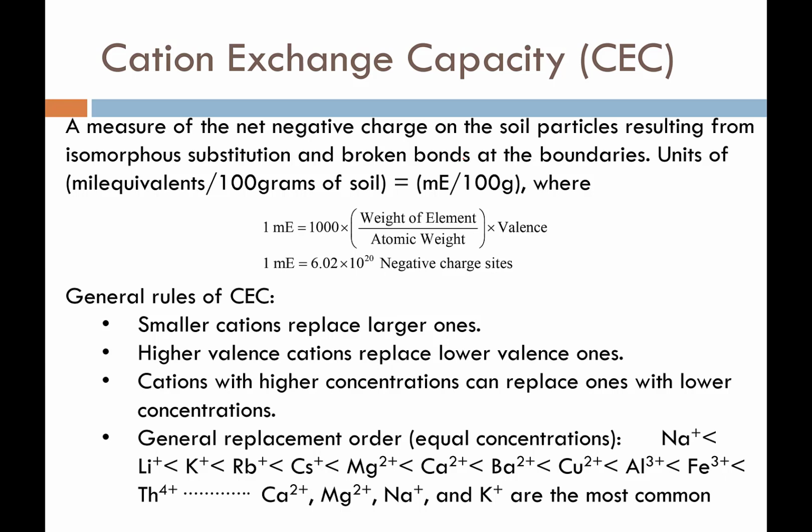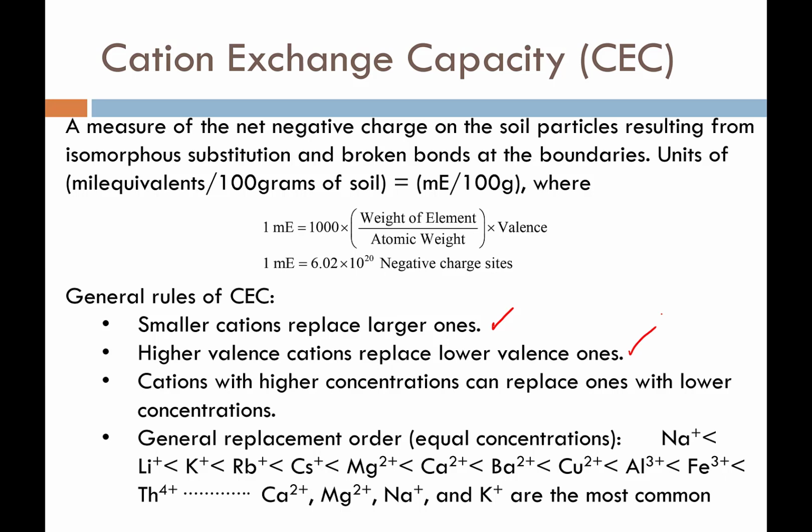Here are some general rules that govern cation exchange capacity. Okay, so first of all, smaller cations are going to replace larger ones. Sodium is going to replace magnesium. Magnesium is going to replace aluminum, so on and so forth. Now, higher valence cations replace lower valence cations.